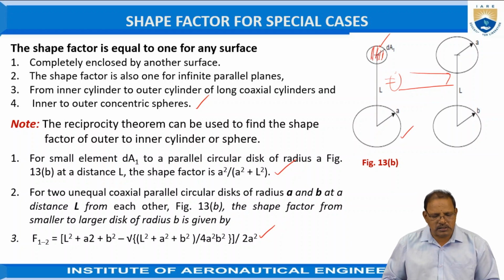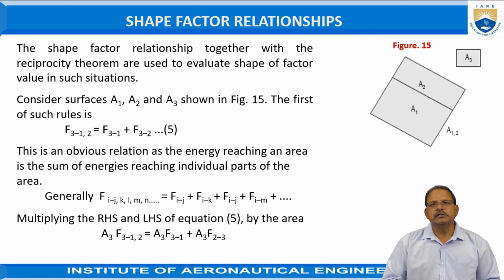These are the relations generally used to determine the shape factor from 1 to 2. If the two are coaxial, parallel, unequal discs of radius A and B, then it can be determined using these equations.